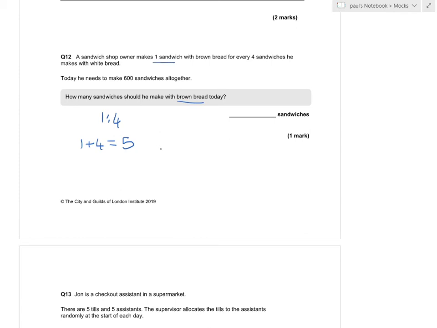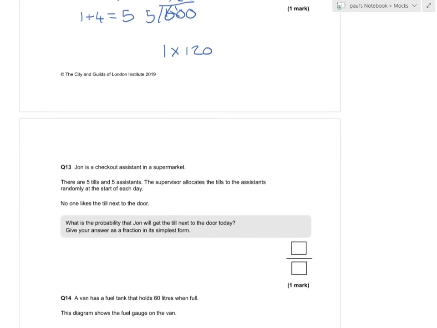So we take the 600 first, and divide that by 5. So that's 120. So now it's 1 times 120, which equals 120 sandwiches made from brown bread.